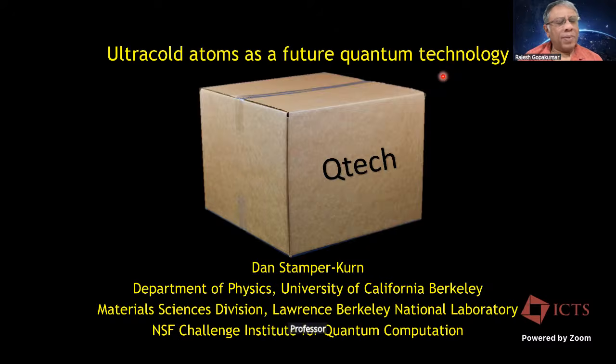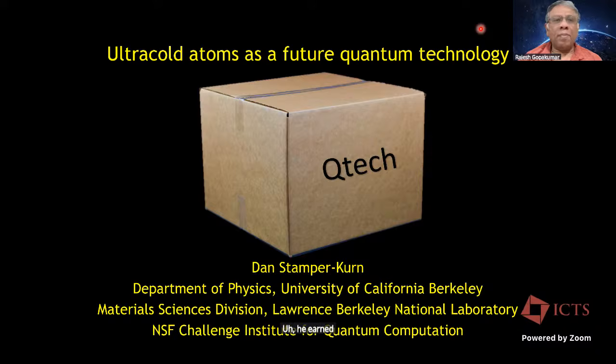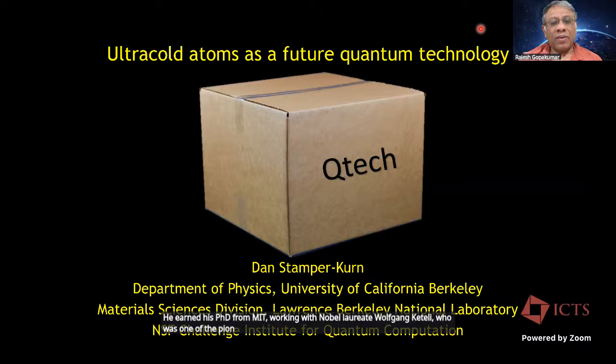Professor Dan Stamper-Kurn is a professor of physics at the University of California, Berkeley, and also a faculty scientist at the Material Science Division of the Lawrence Berkeley National Laboratory. He earned his PhD from MIT, working with Nobel laureate Wolfgang Ketterle, who was one of the pioneers in the subject of ultra cold atoms.